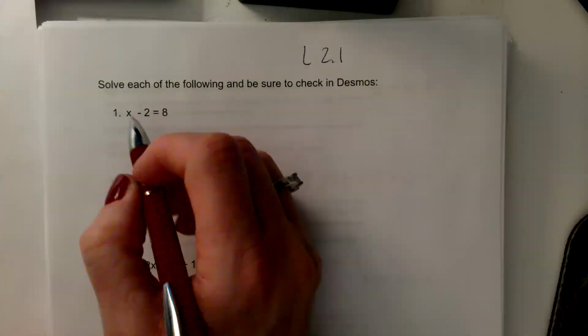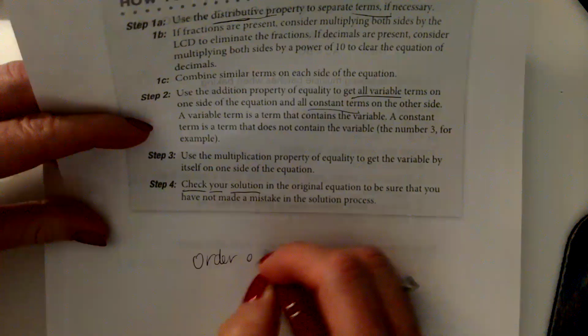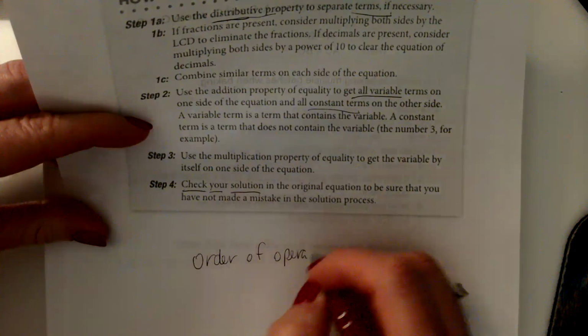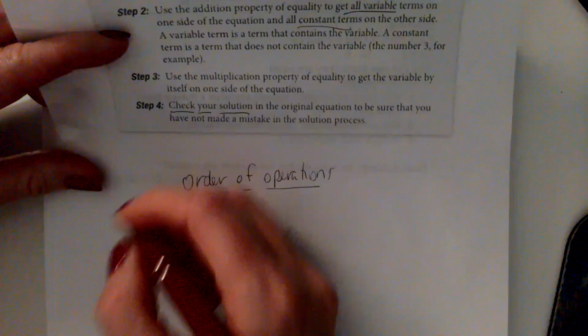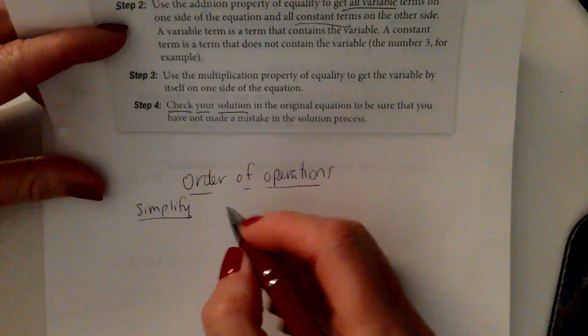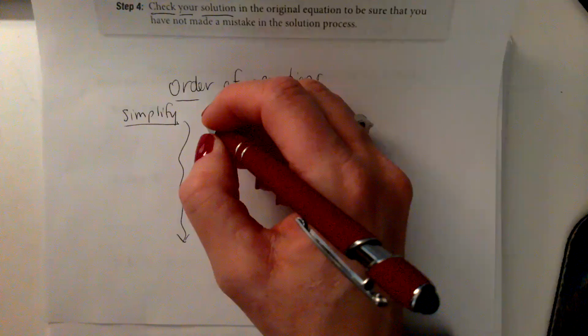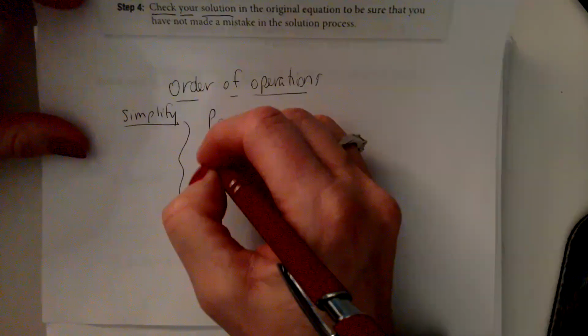So what we're doing when you solve is we're using our order of operations. Let's go through the order of operations again. And when I say again, we haven't done them yet, but you have in prior math classes. Order of operations say that when we simplify, we go in this direction, right? Which means that we take care of parentheses first, and then we take care of exponents.